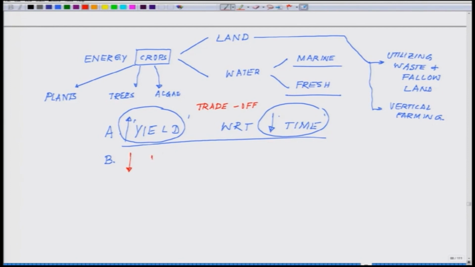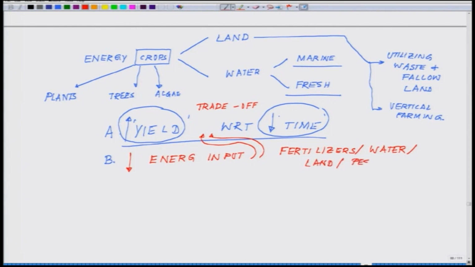Second thing, reduction in energy input to produce. What does that mean? So, this means in order to grow the crop, we need fertilizers, we need water, we need land, pesticide, insecticides, and so on and so forth.